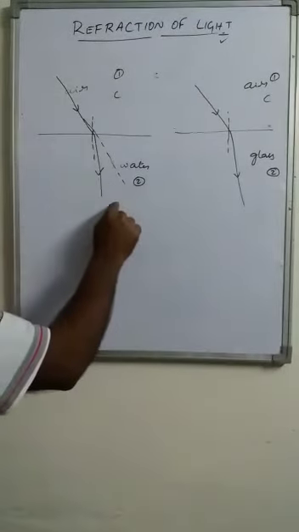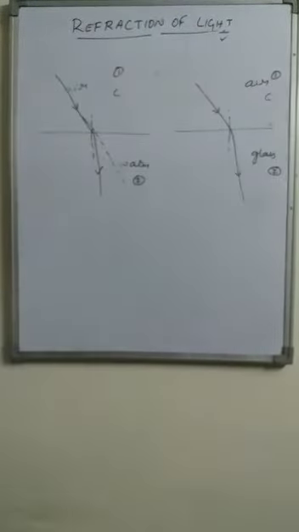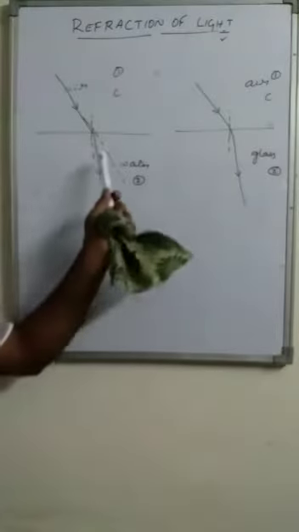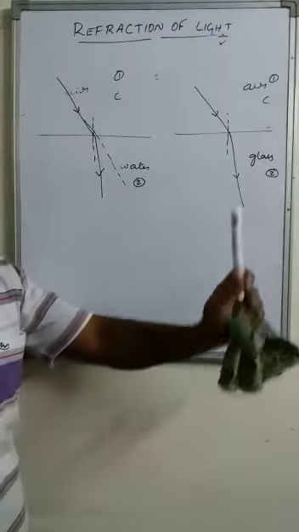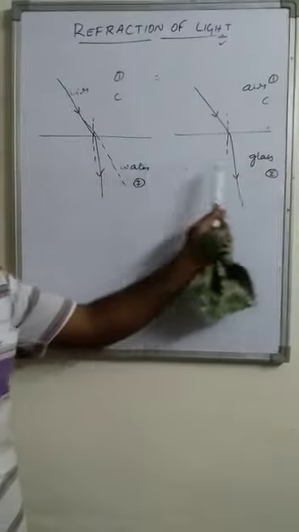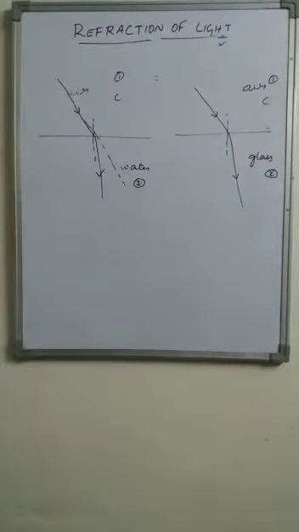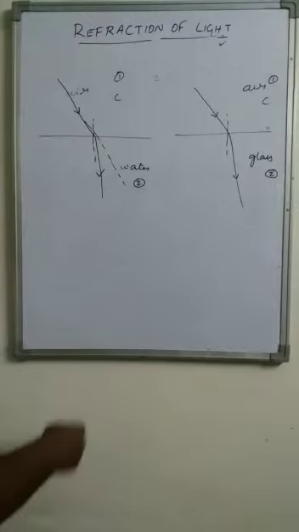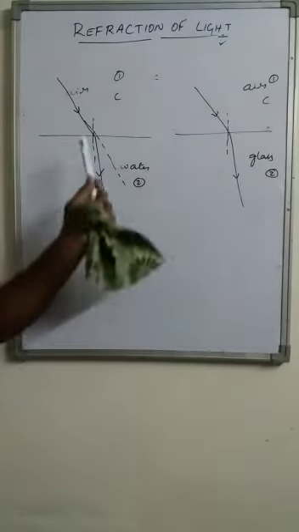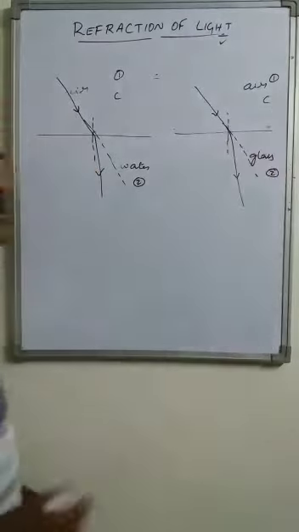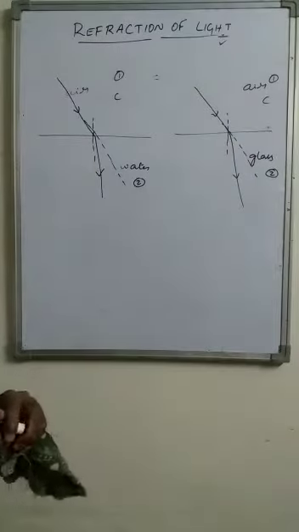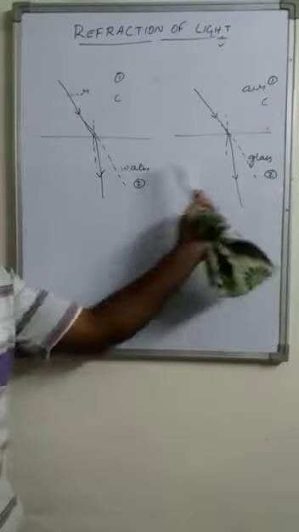In this, its velocity changes. Here also the velocity changes, but the change in velocity on entering into water and on entering into glass are not same because their nature is different. That's why the change in the path of light will also be different.